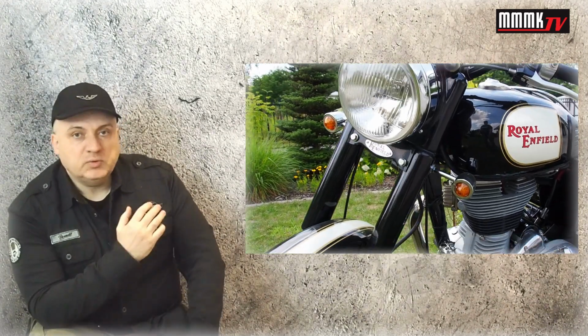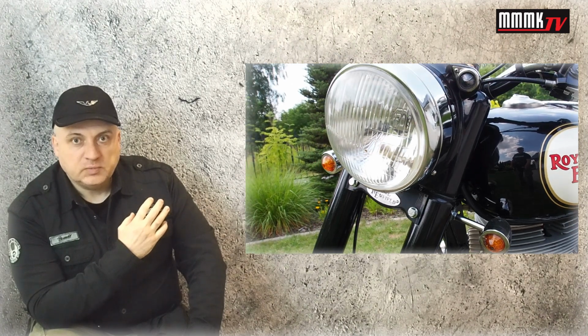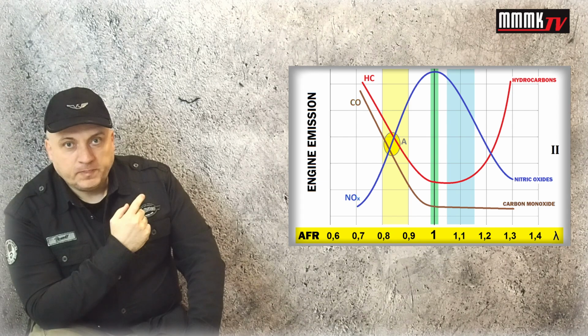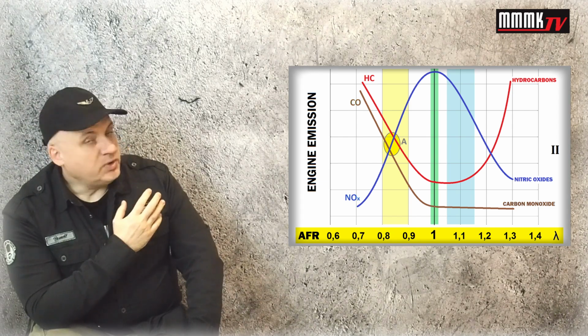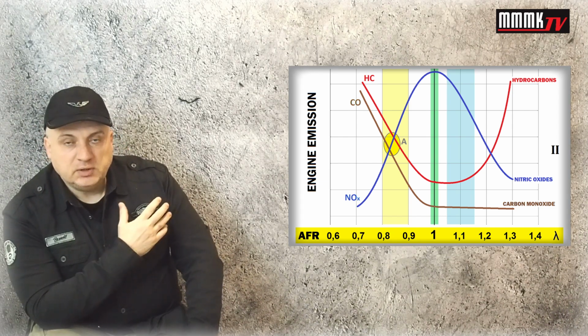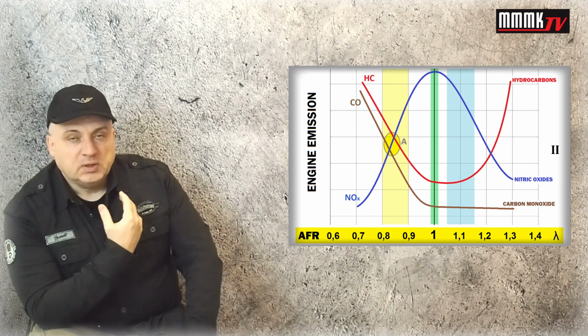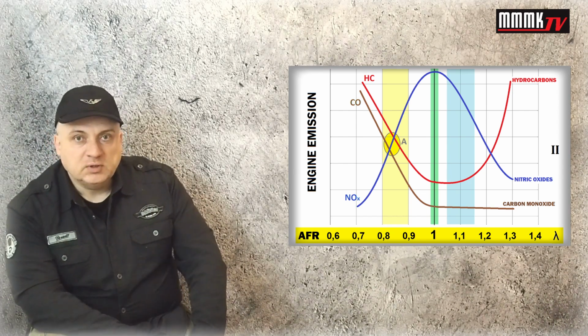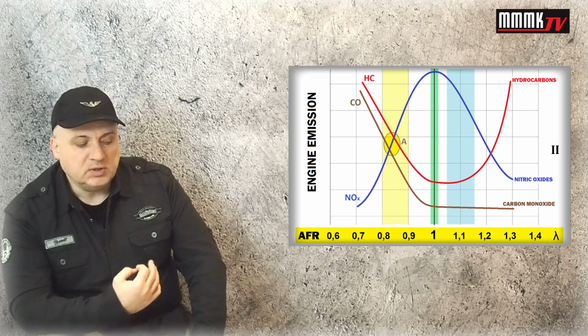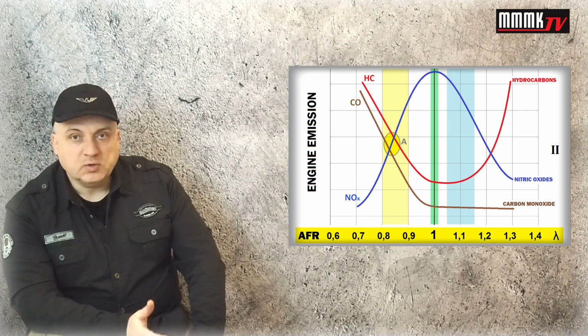So without a catalytic converter, please have a look at this diagram once again, the top one. If we have no catalyst in the exhaust system, then the emission is even worse because we emit much more nitric oxides.